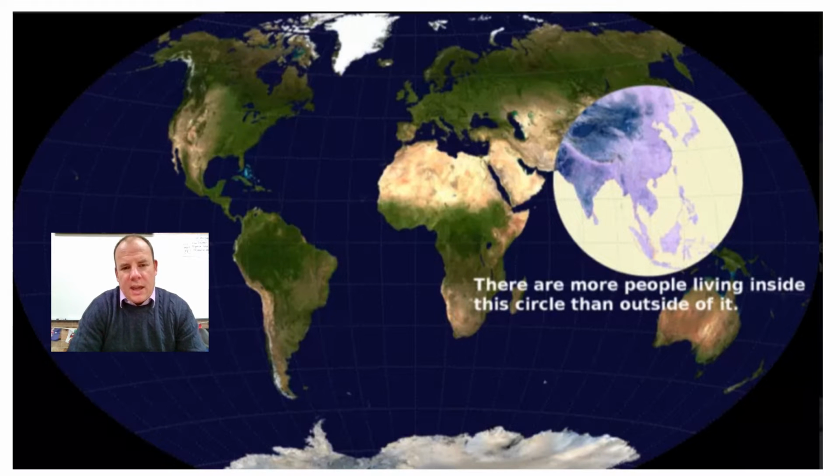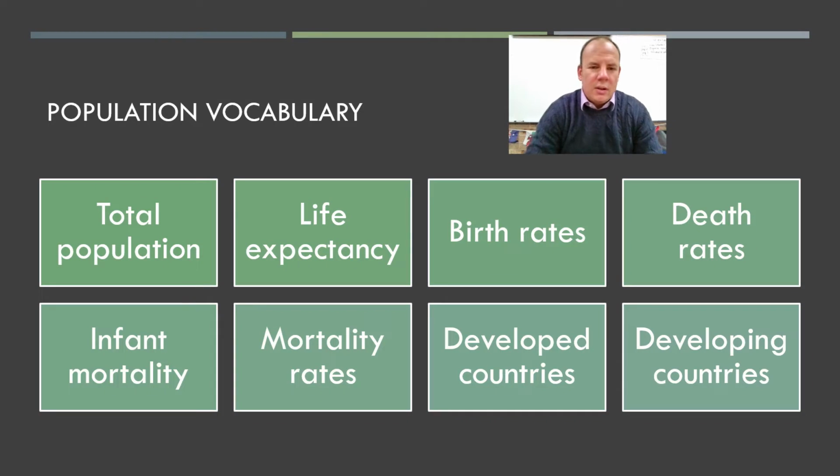So just to get things started, that's what we mean by population and why it's so important to geographers. We're going to have a lot of vocabulary that we're going to look at. When we talk about total population, we are talking about every single person on the planet. Life expectancy is the average age you are expected to live to. And we look at population in terms of birth and death rates.